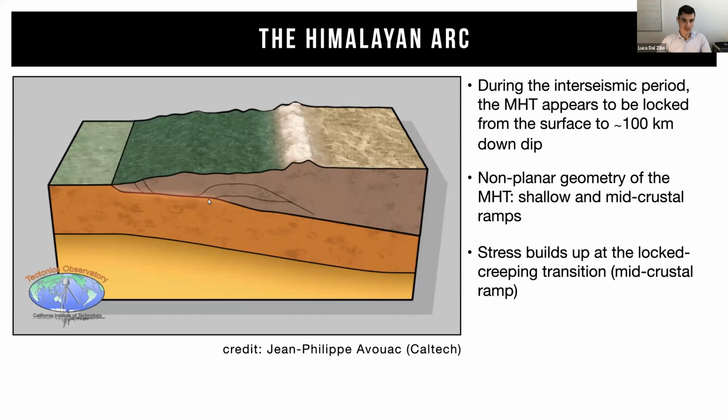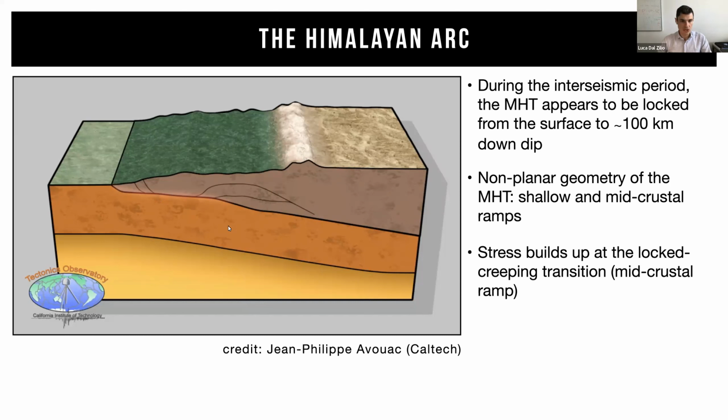In black here, you can see the location of what we call the Main Himalayan Thrust fault, which is approximately 100 kilometers along depth. With these 100 kilometers, I refer to the regions where we have the seismogenic zone, where we have events that can propagate all the way up to the surface.